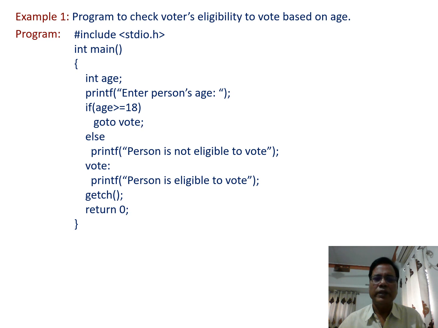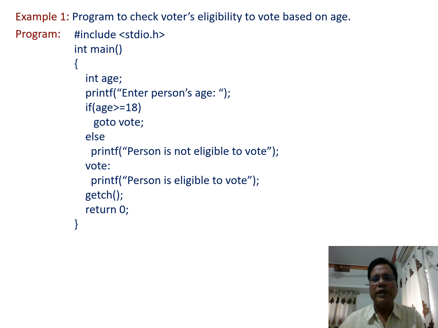In this program we see that the out label is after the printf statement here. So if the condition is true, control transfers to the out label, and this out label comes after the goto statement. So this is a type of forward jump.